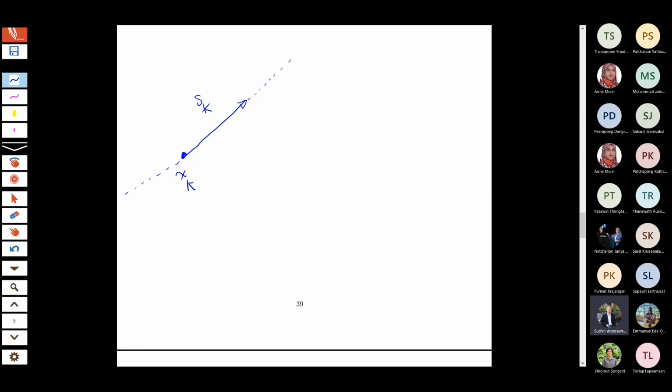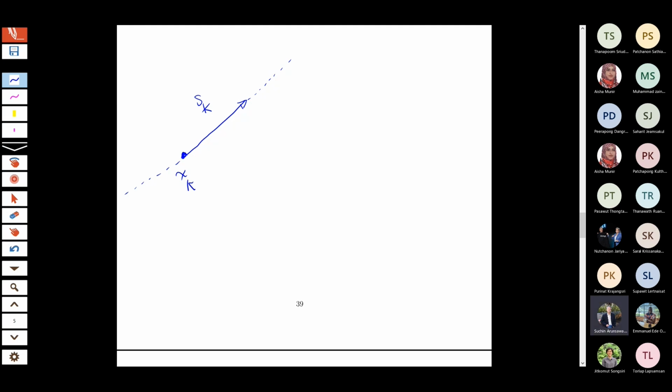Given a current iterate xk, we choose a search direction, or search vector sk, and we search along that direction. Now you can see that the search problem in n-dimensional space becomes a search problem in only one direction once the direction sk is given.